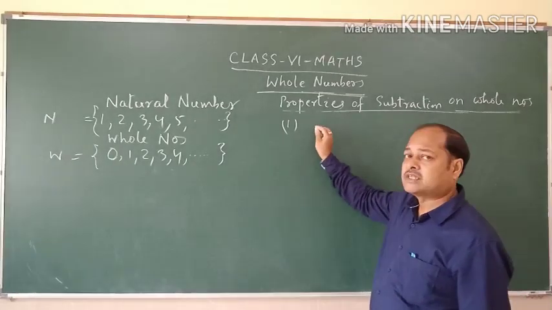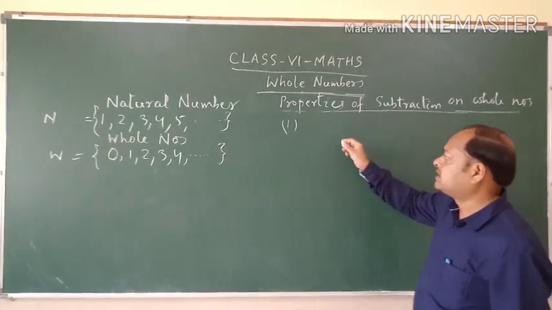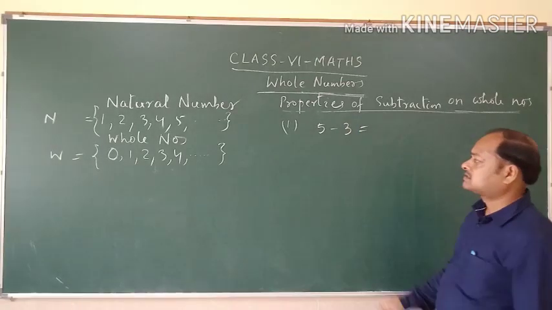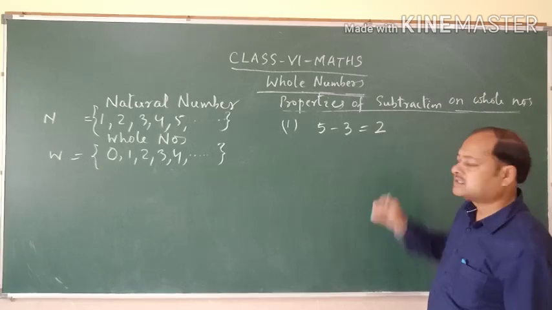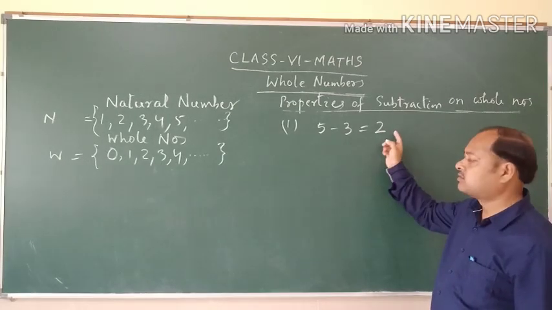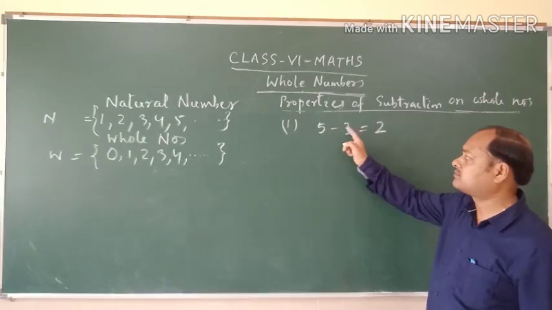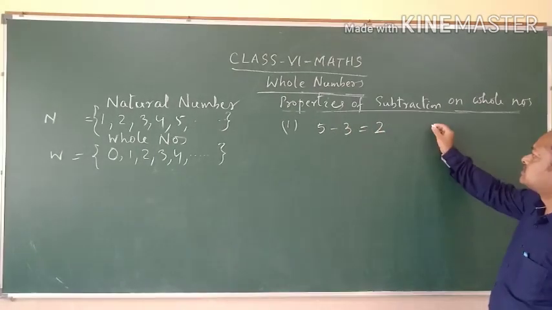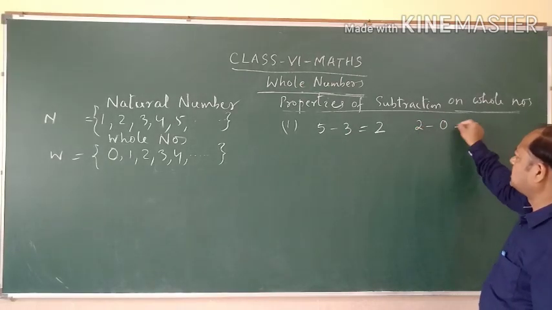We know that addition of two whole numbers gives a whole number, but in case of subtraction we will see 5 minus 3. Subtraction of two whole numbers, 5 minus 3 equal to 2, and 2 is also a whole number. Let's see another example: 2 minus 0 equal to 2.